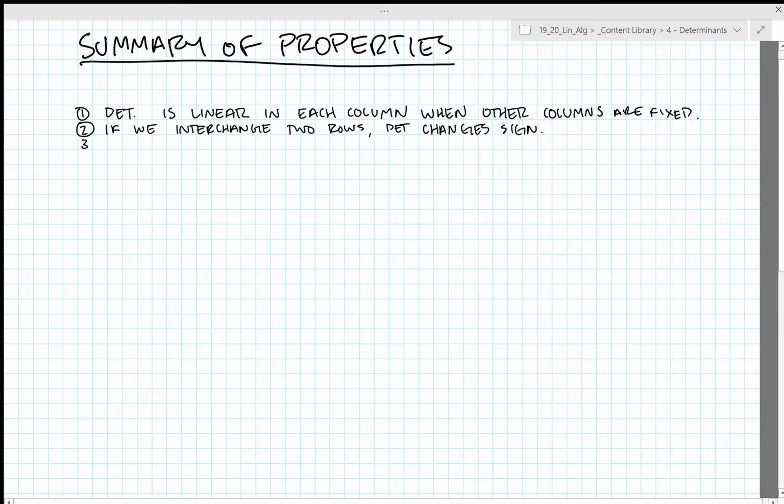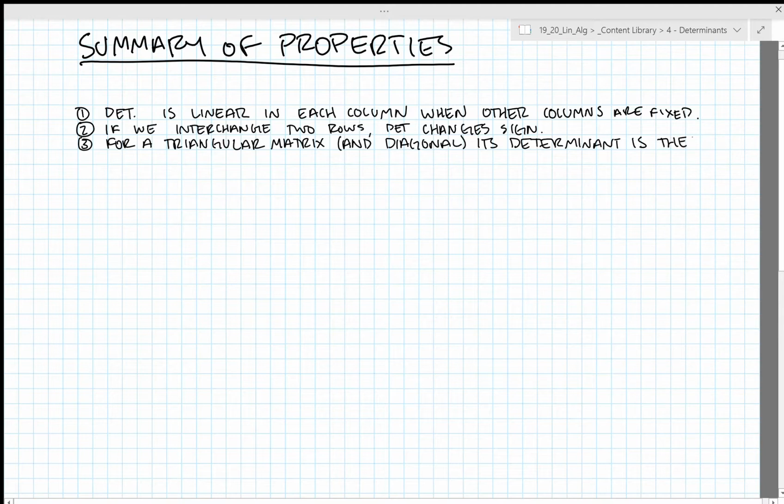Third property: for a triangular matrix, and diagonal, its determinant is the product of the diagonal entries.